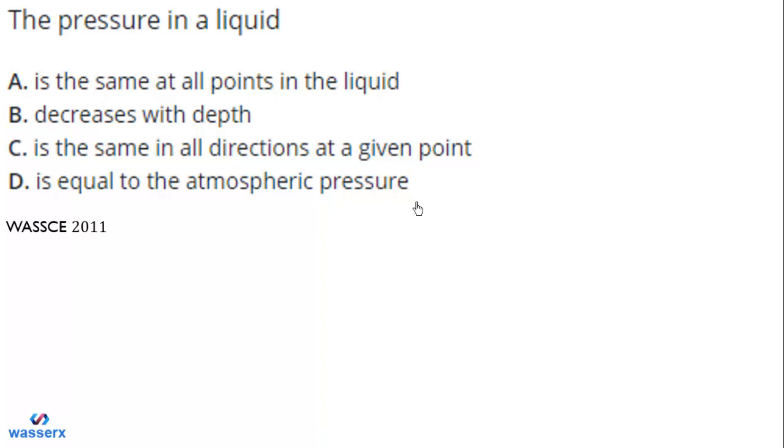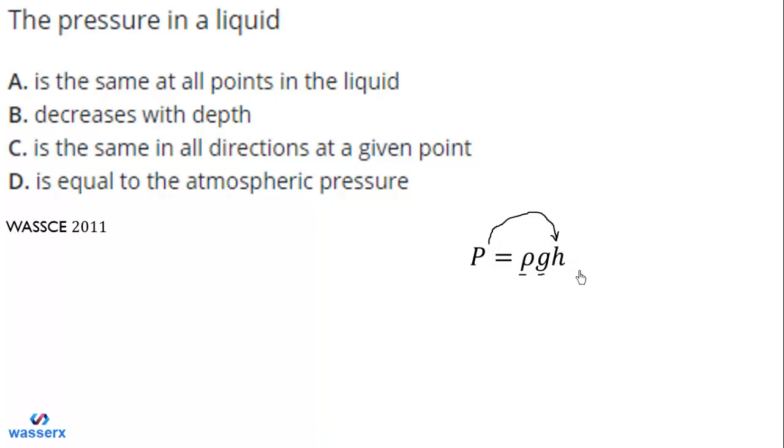To explain this, you remember that pressure is equal to density times acceleration due to gravity times the height. We know that the density is a constant and the acceleration due to gravity is also constant. So in effect, the pressure depends directly on the height, which is the only variable there.